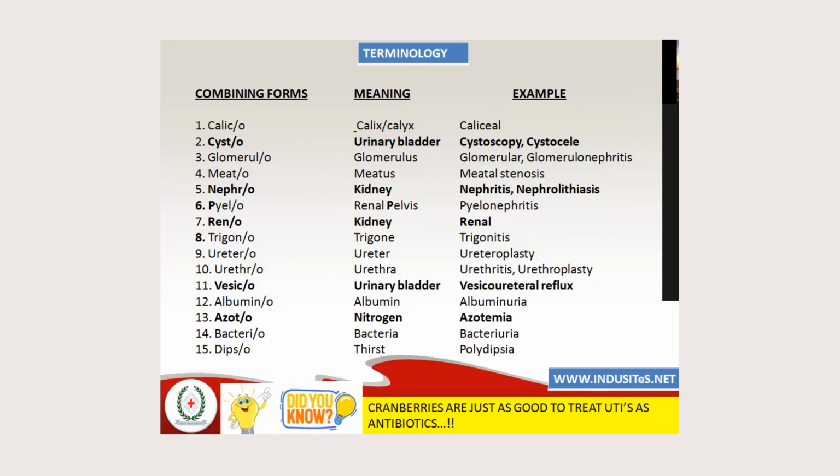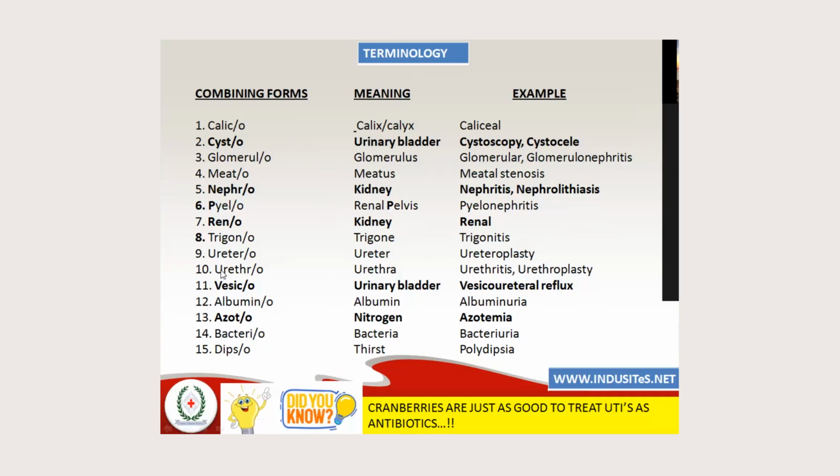Ureter is the ureter. That's it. So ureteroplasty is surgical repair of the ureter. Whereas ureters are the tubes leading from the kidneys to the urinary bladder through which the urine travels. Because plasty is surgical repair, uretero is ureter. So ureteroplasty is surgical repair of the ureter.